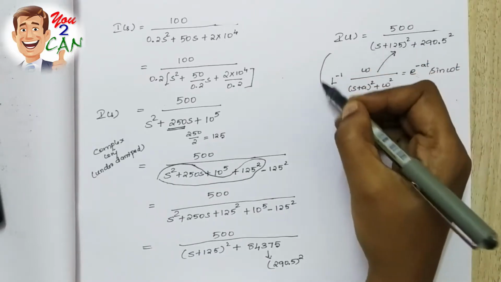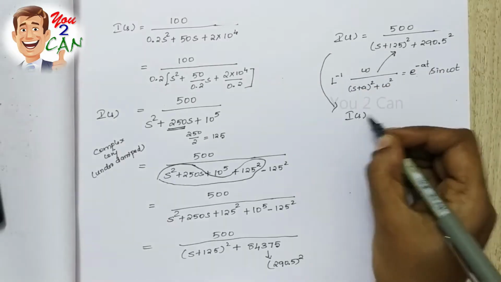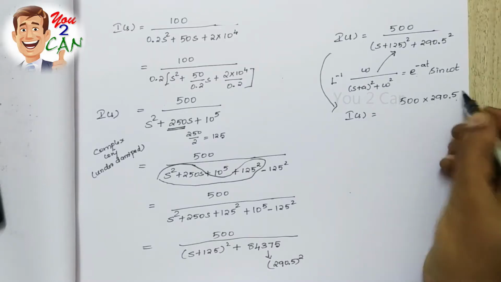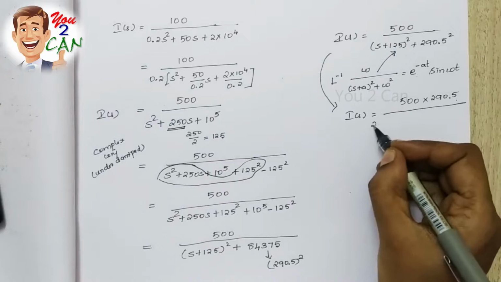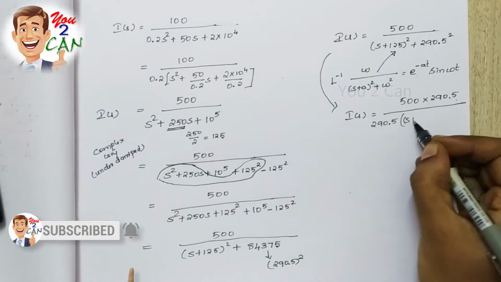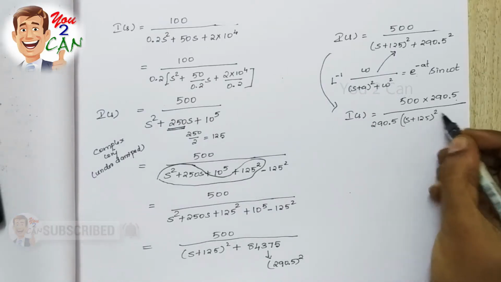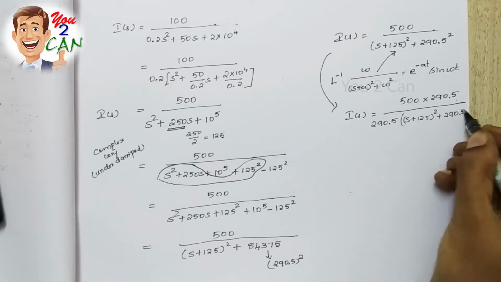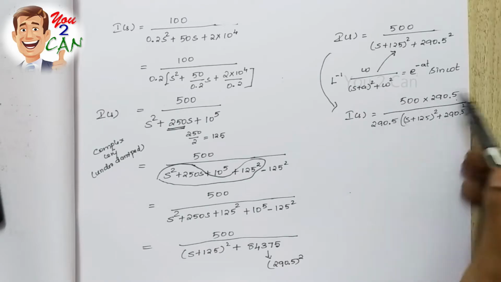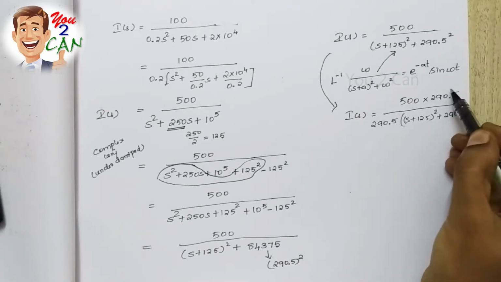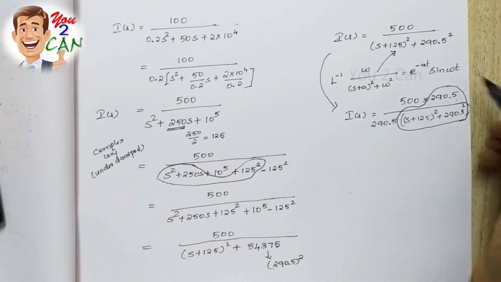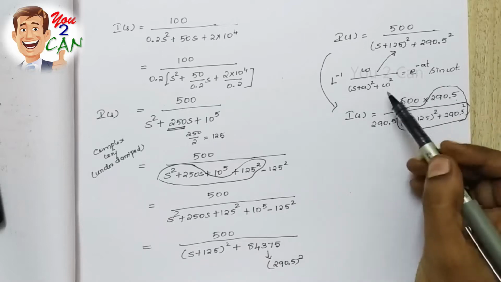So we have to change as I of s is equal to multiply and divide by 290.5 in both the numerator and denominator, so that the value is unchanged. So s plus 125 squared plus 290.5 squared. Here we are multiplying and dividing the equation by 290.5. Now this 290.5 by s plus 125 the whole square will be like omega by s plus a the whole square plus omega square.